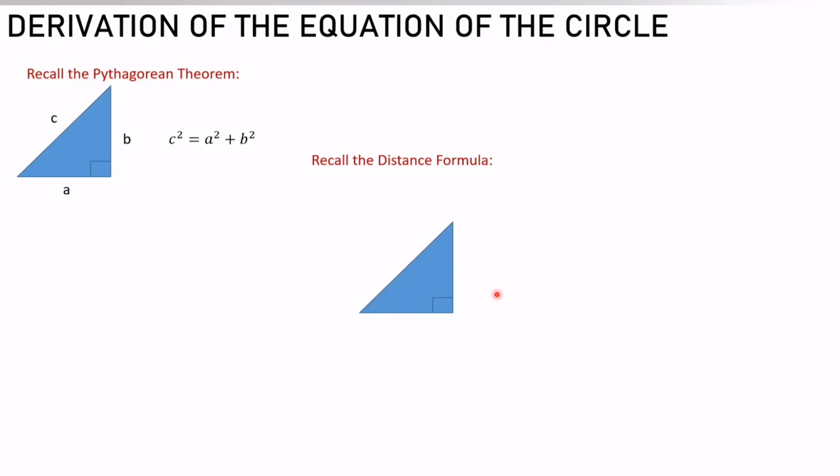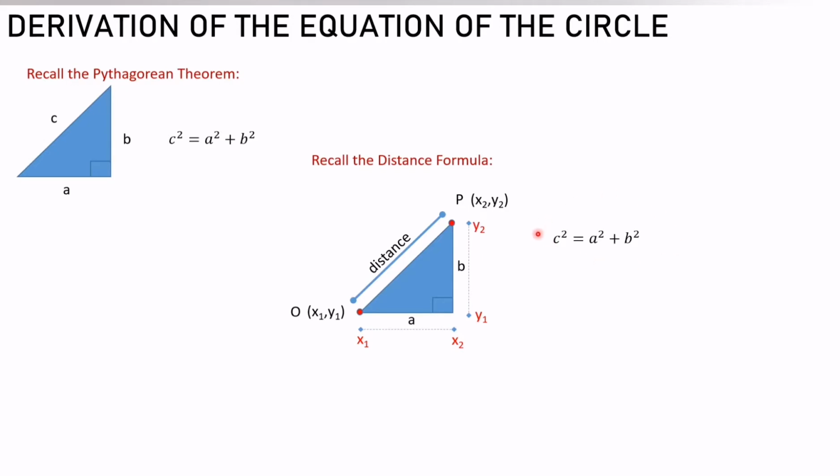If you have this right triangle, you have 2 points O and P. You have this side of the hypotenuse as your distance, and of course the two legs, we'll label them as A and B. The length of A is from x sub 1 to x sub 2. The length of B is from y sub 1 to y sub 2.